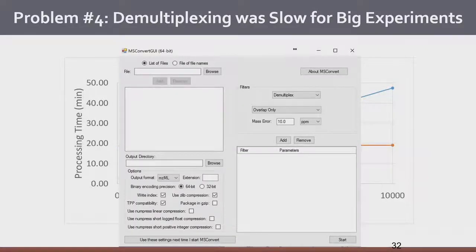And I'll point out that ProteoWizard now has the ability to demultiplex directly, so there's no reason not to use this. If you overlap your isolation windows using an isolation scheme derived from Skyline, there's no reason you shouldn't demultiplex the data, and you can tell it to demultiplex and overlap. You generate an mzML file, and that mzML file can then be used within Skyline. You're basically gaining an instrument that's twice as fast for free.